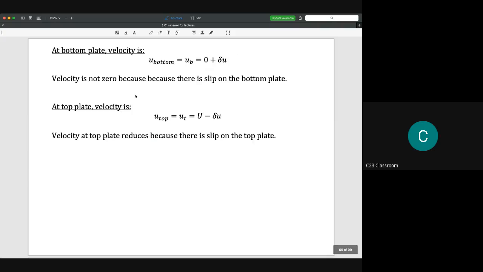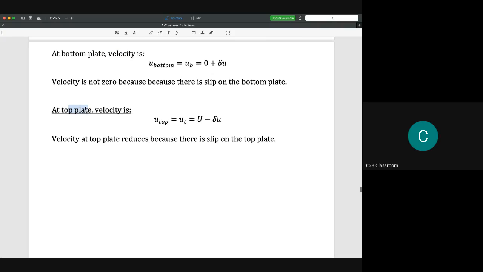Then you need to understand this one, because we have two places where the velocity is not zero: one is at the bottom plate and one is at the top plate. Here at the bottom it is very simple, because previously we assumed that the molecule sticks very hard on the plate, so the velocity is totally zero.